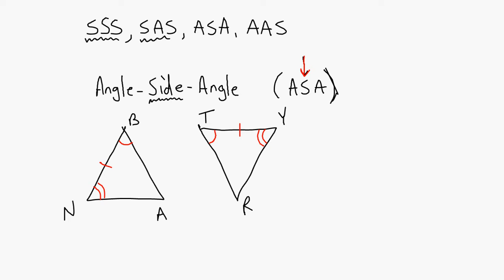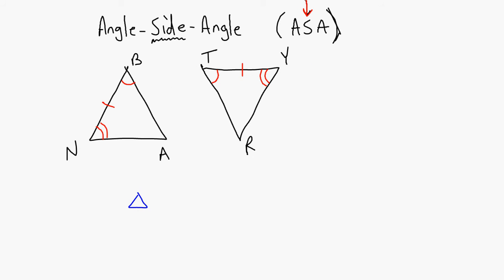So let's write a congruence statement now. Triangle, let's call the one on the left A and B, is going to be congruent to, I need a volunteer to name the triangle on the right. Austin.